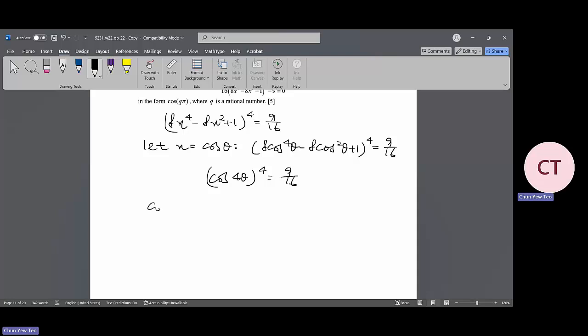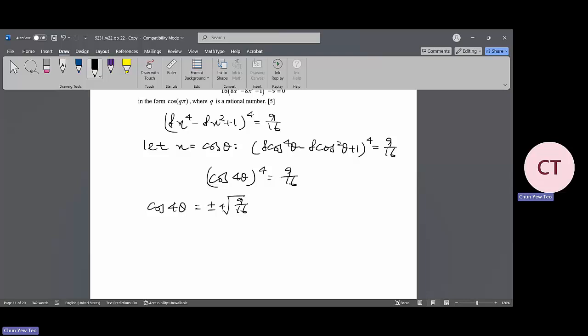Okay, so your cos 4 theta is something similar to the z squared equal to 1 just now, right? If you want to make it equal to 1, you can... actually, no need. We don't need to make it equal to 1. So we will be having plus minus the fourth root of 9 over 16.